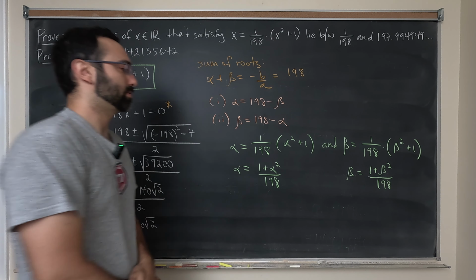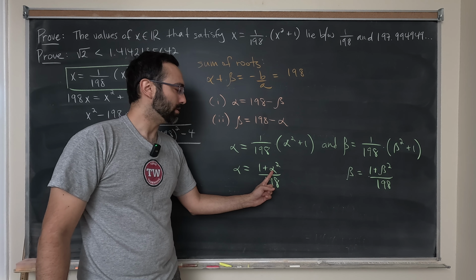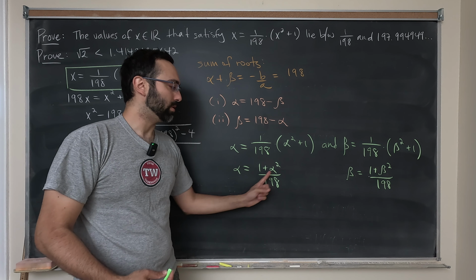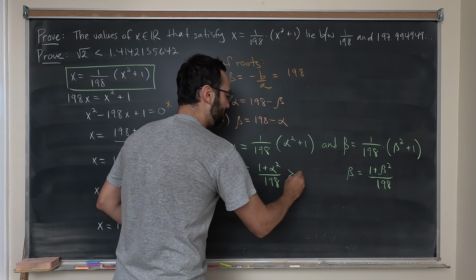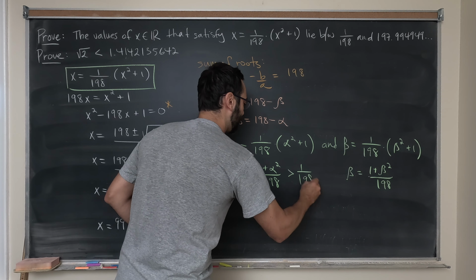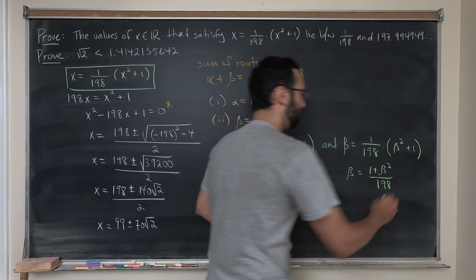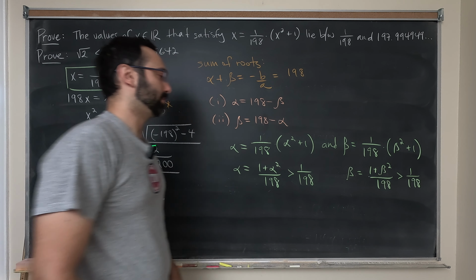we obtain that. But 1 plus some quantity is greater than 1. So a quantity greater than 1 divided by 198 is going to be greater than 1 over 198. And with the same argument over here, this will be greater than 1 over 198.